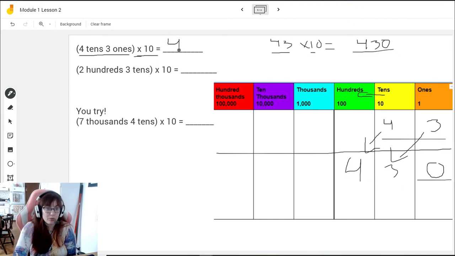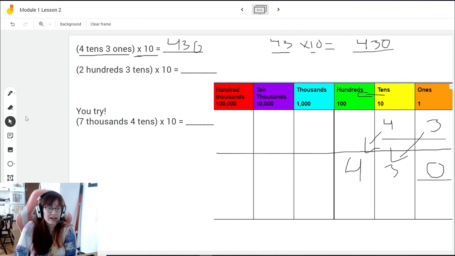So 4th grade, whenever we are solving problems like this, I know that you probably know how to solve it like this, but using the place value chart helps us better understand why 43 times 10 gives me 430. So it just gets you a better idea of what is happening.